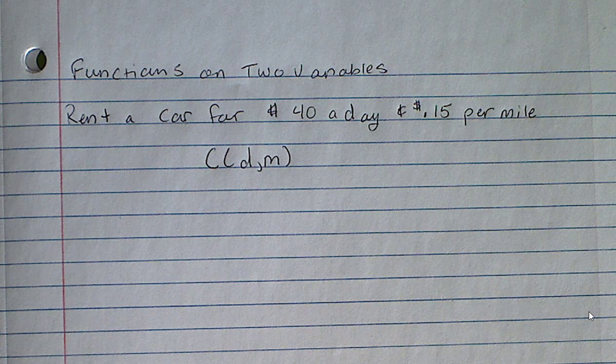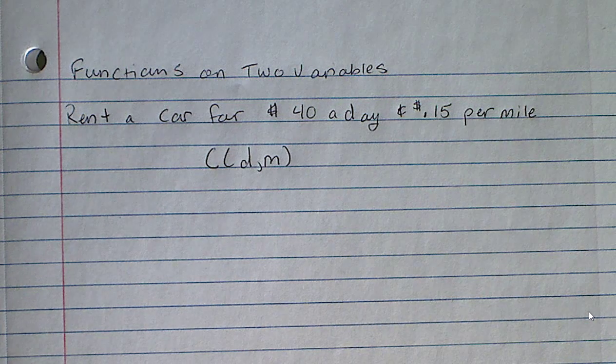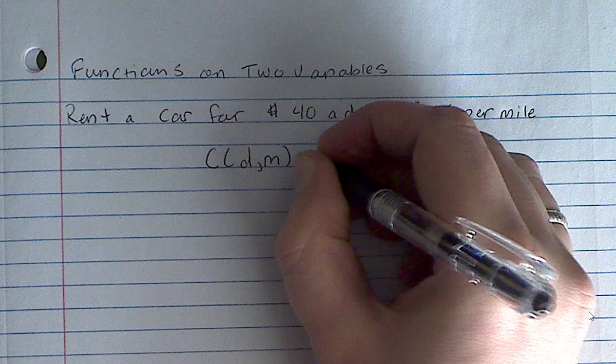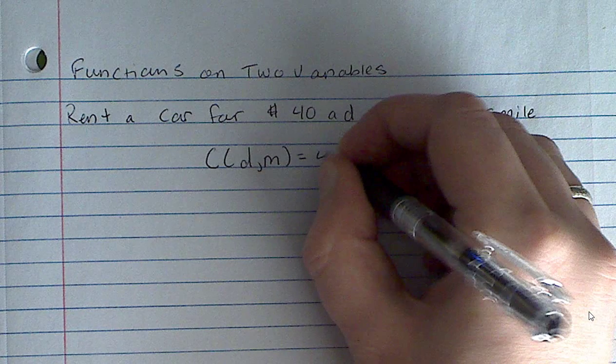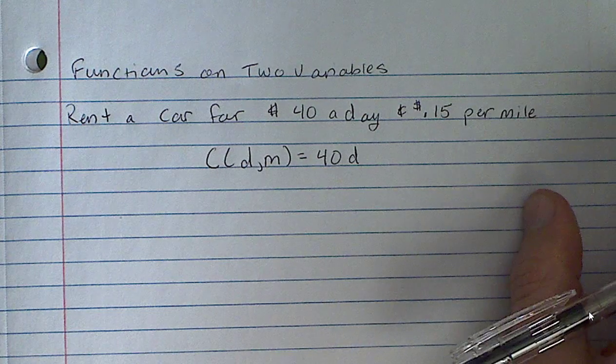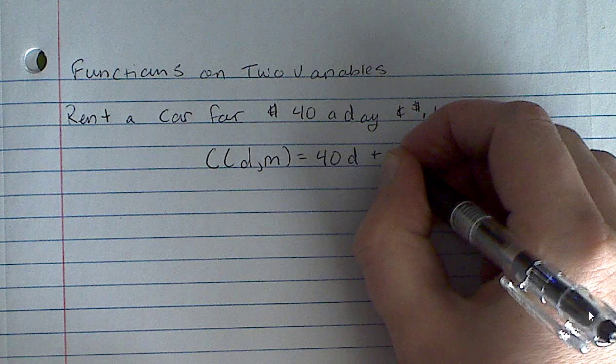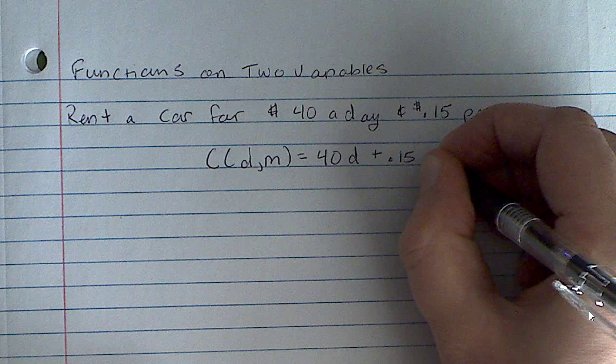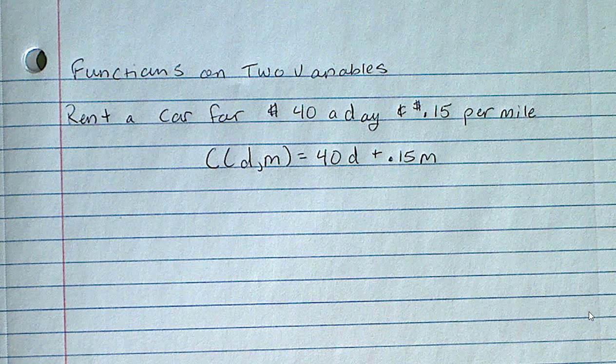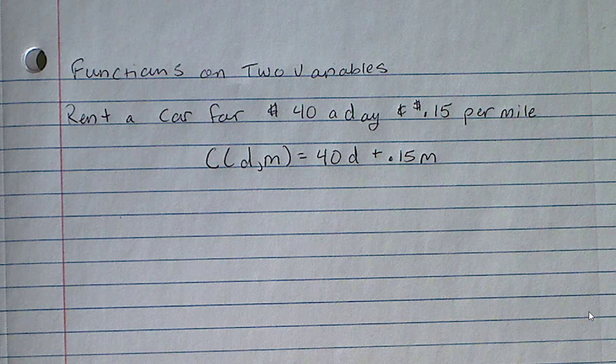It's C of D comma M. Kind of, sort of. So in this case, C of D, M would be equal to 40D, $40 times every day, plus 15 cents times every mile. Pretty simple so far, right?